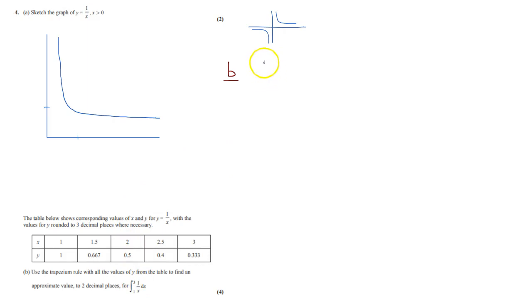So we know that the integral from 1 to 3 of 1 over x dx, according to the trapezium rule, is half, multiplied by h, which is 1.5 minus 1, that is 0.5, or 2 minus 1.5, or 2.5 minus 2, whatever the value.